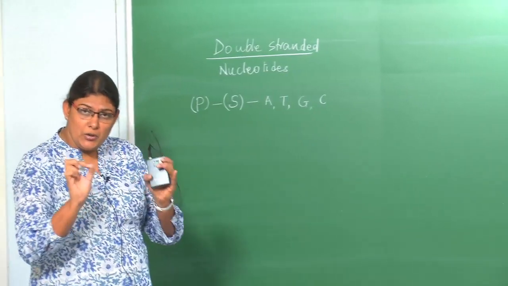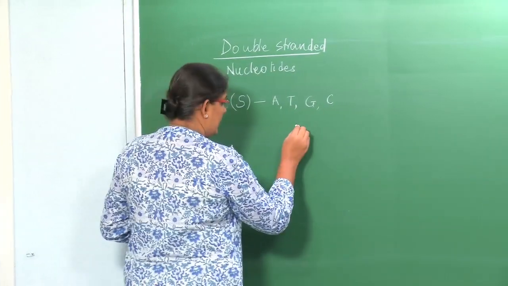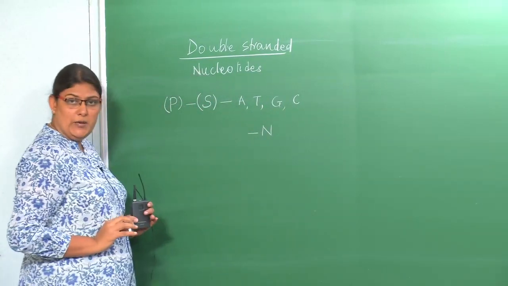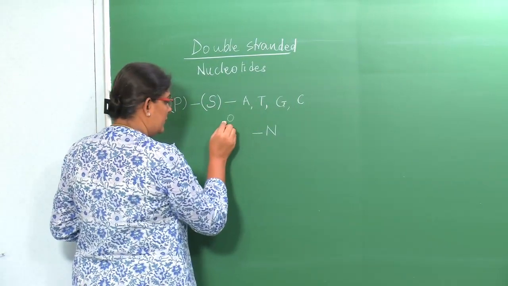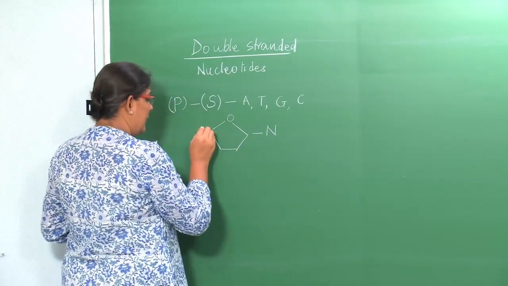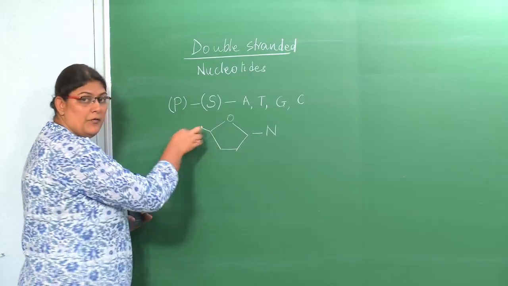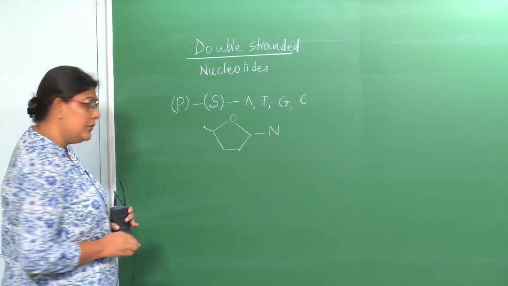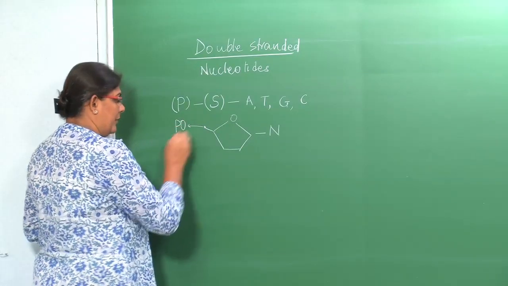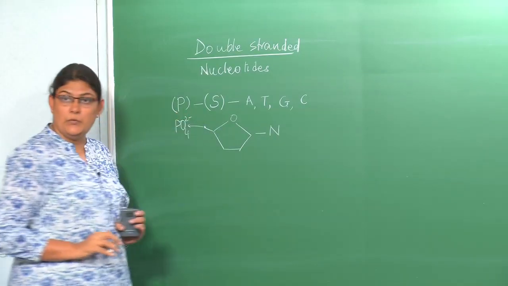So, each nucleotide basically has a nitrogenous base attached to a pentose sugar, right, and the fifth carbon of the pentose sugar in turn is attached to the phosphate group. Okay.